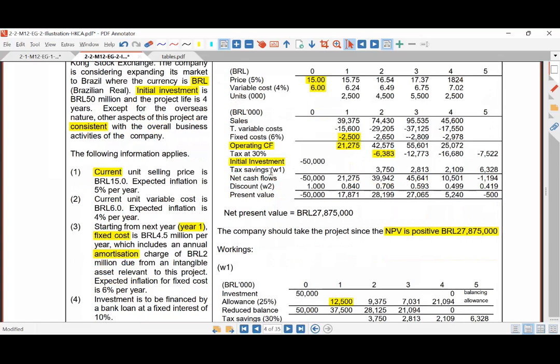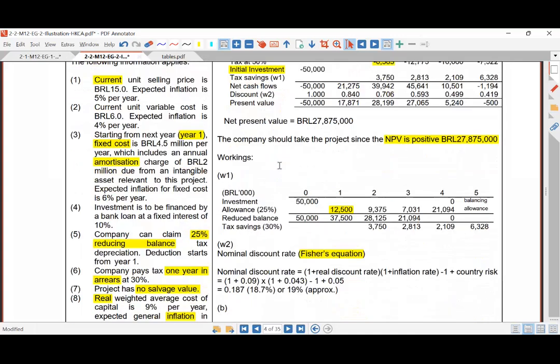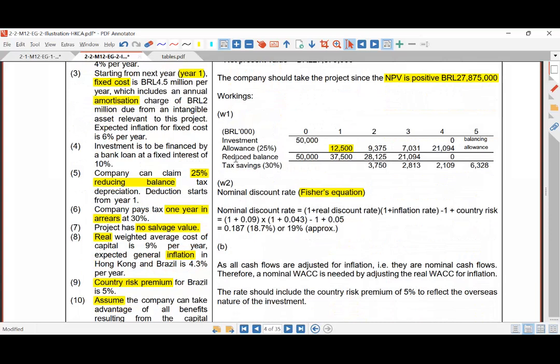Okay, and initial investment, that is your capital cash flow, 50 million in year 0, followed by tax saving. So your allowance is on a reducing balance. This is the working here: investment 50 million, and then they say there's no scrap value, note number 7, so you have a 0 at the end of year 4.